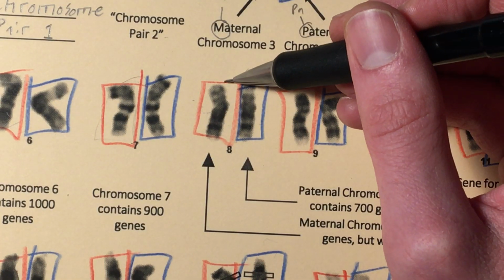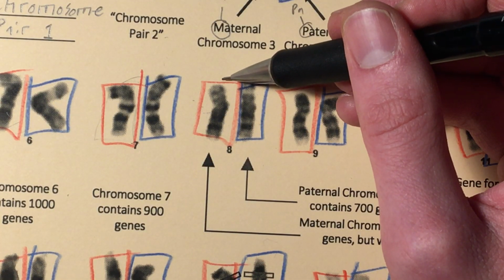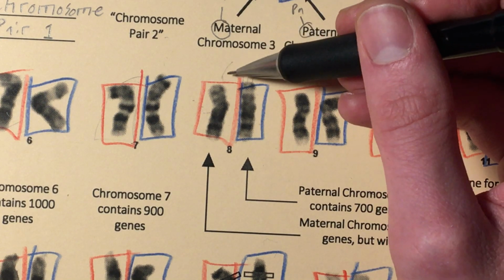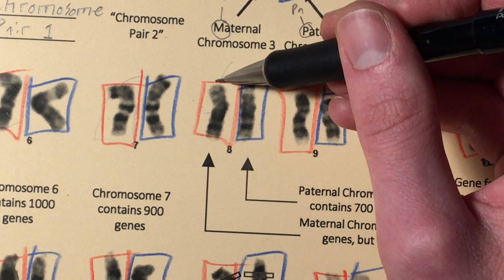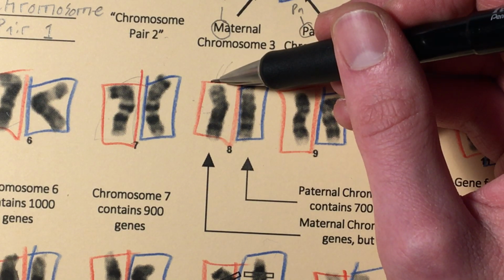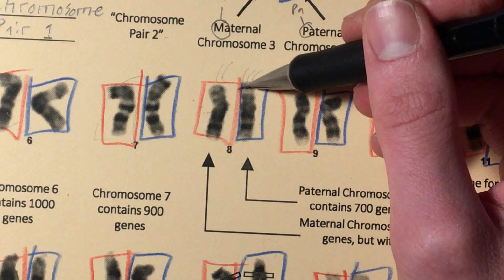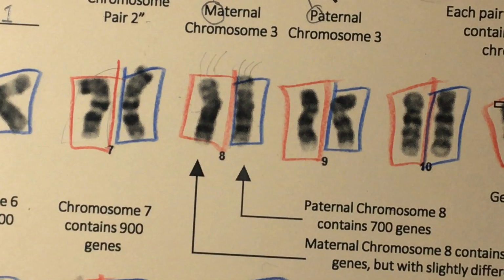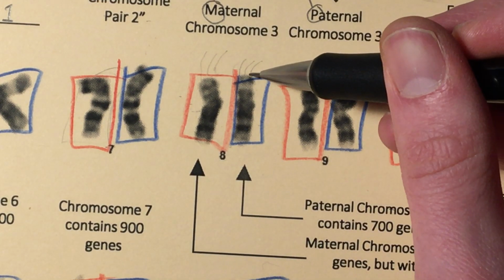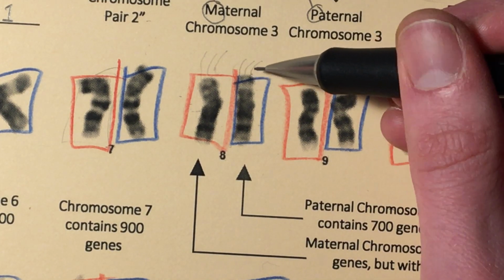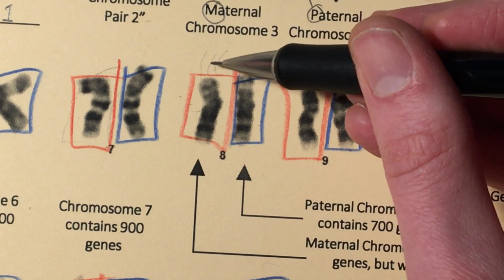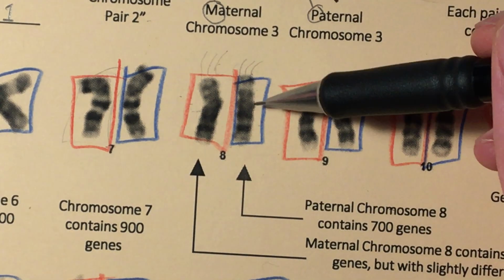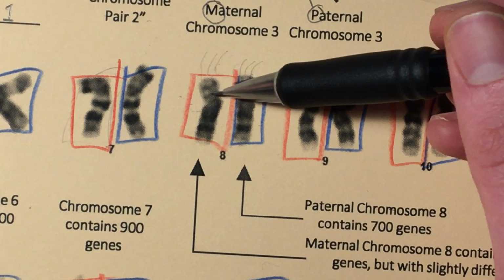This one might contain chocolate chip raisin muffins, and this one might contain raisin coconut cookies, and this one might contain a Black Forest cake. This one might contain carrot cake or something like that, okay? So they both have the same kind of recipes for muffins, cookies, and cake, but they're slightly different versions, okay? That was the analogy. In real life, you have the same genes, but there are slightly different versions.